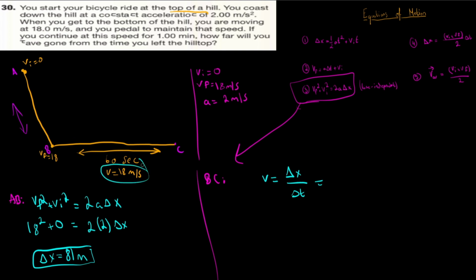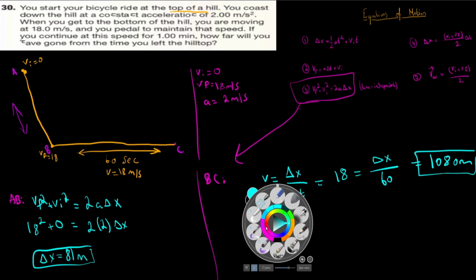We have an average velocity of 18 meters per second, and then we have the time, which is 60 seconds. So we can simply substitute it. We have 18 is equal to delta x over 60, and then we get 1080 meters.